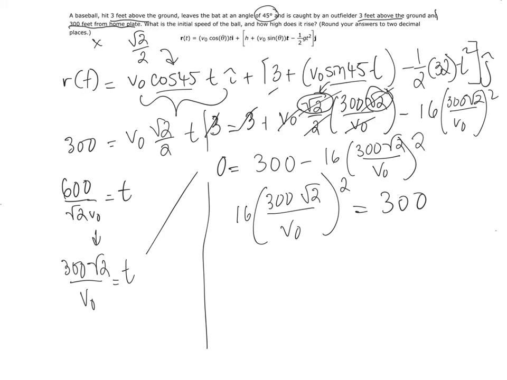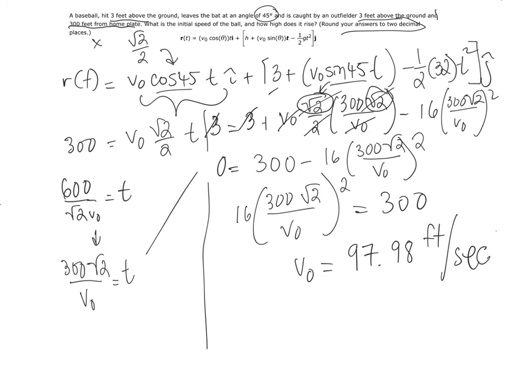And now you can solve for the v naught algebraically. The v naught should be equal to 97.98 feet per second. Remember, rounded to 2 decimal places.